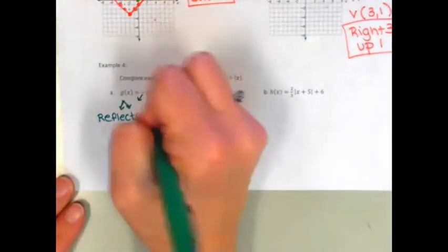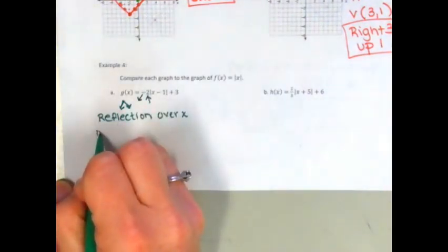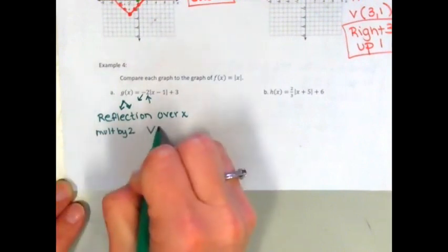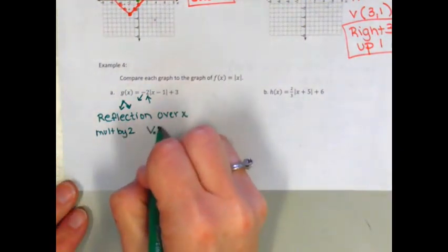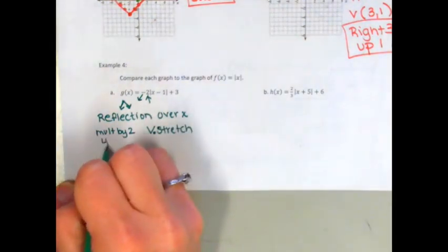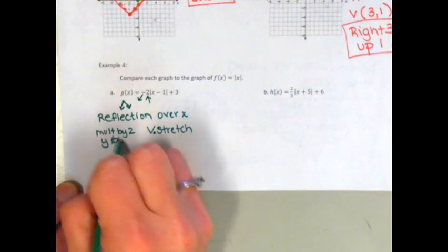Okay. What does the 2 tell me? That means we multiply, right? Multiply by 2. So if we multiply by 2, do my numbers get bigger or smaller? Bigger, so it's a vertical stretch. So since we multiply by 2, my y's get bigger.